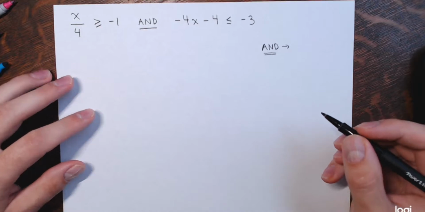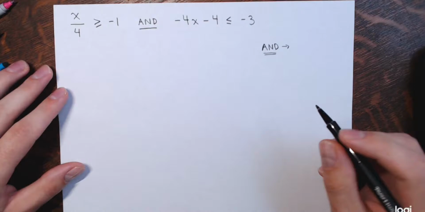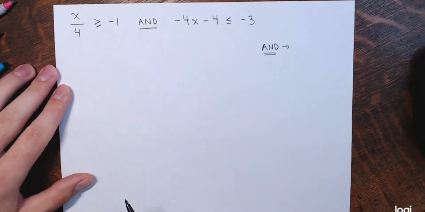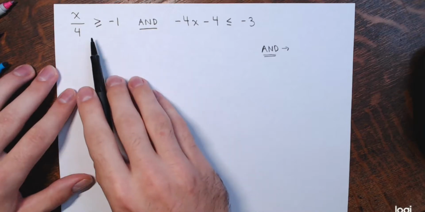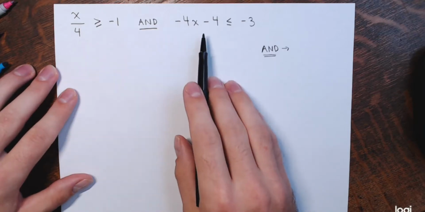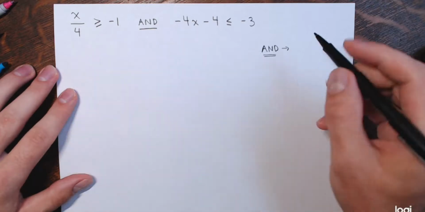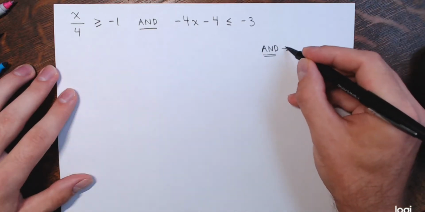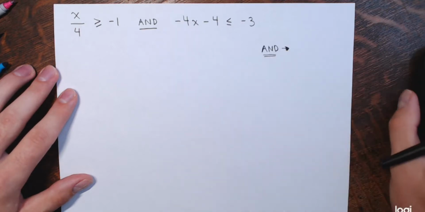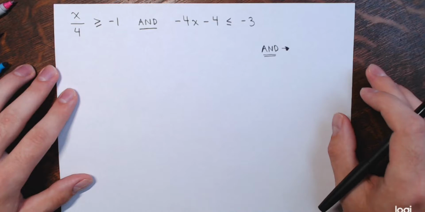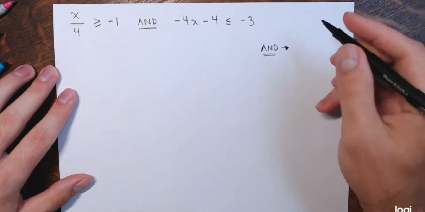the only numbers that belong to the solution set are numbers that satisfy both inequalities at the same time. So they can't just satisfy the first one and not the second one, or satisfy the second one and not the first one. They have to satisfy both in order to belong to the solution set. Another way of putting that is to say that the number belongs to the intersection of the solution sets of each of these inequalities. But I'm not going to worry about saying all that.